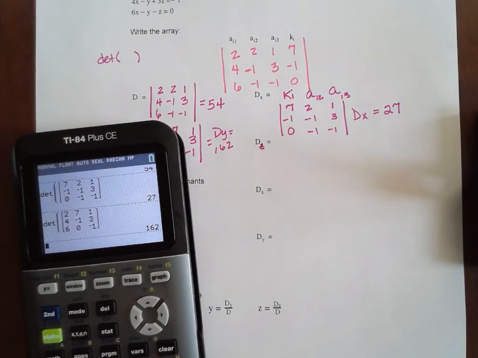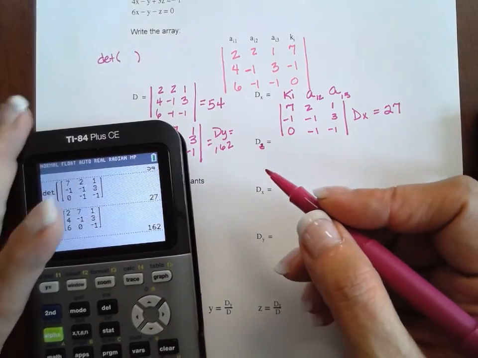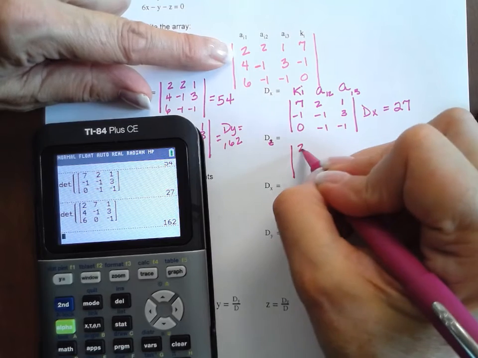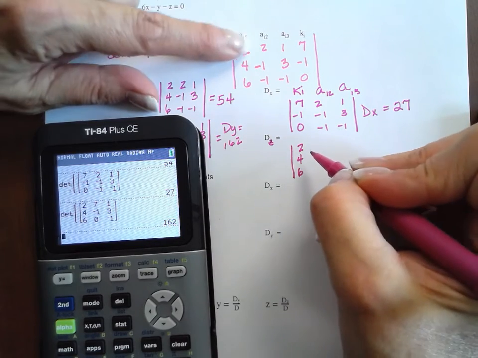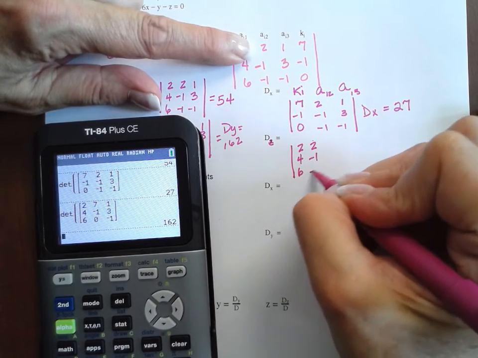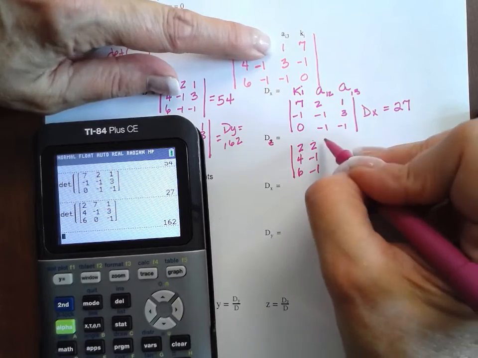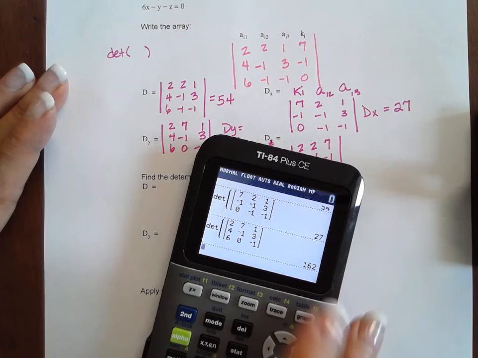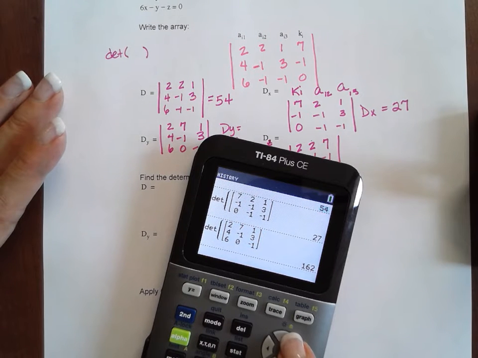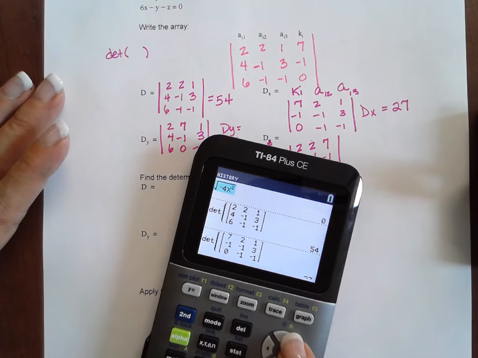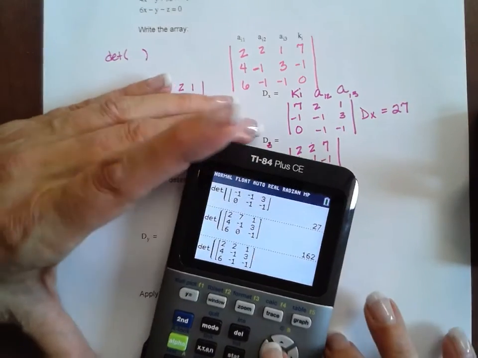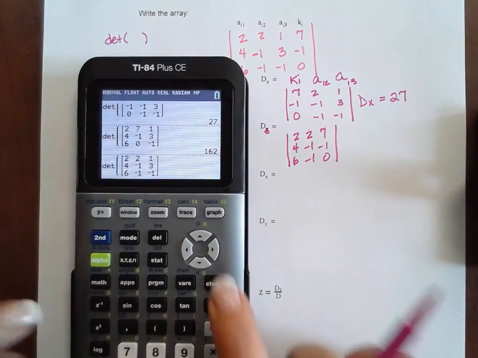Okay. So then I rinse and repeat for z. So 2, 4, 6, 2, negative 1, negative 1, and 7, negative 1, 0. And go down and copy.